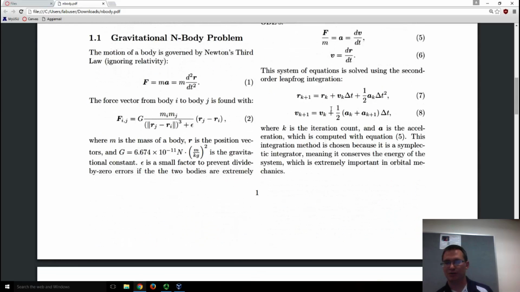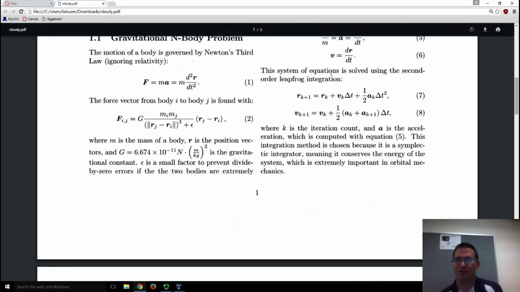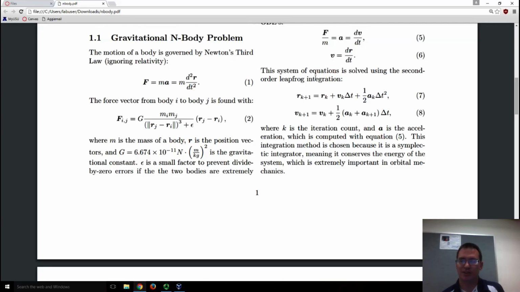And we are going to solve this two equation system using what's known as leapfrog integration or Verlet integration, I think is how you pronounce it. There's actually a few different ways to structure this, but I figure this is the easiest way.